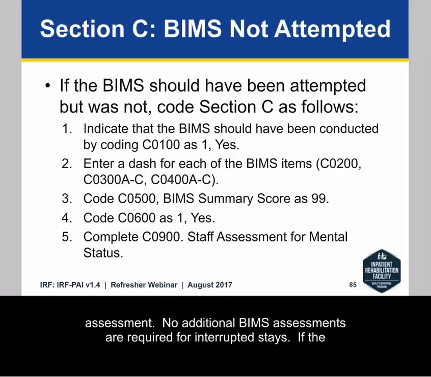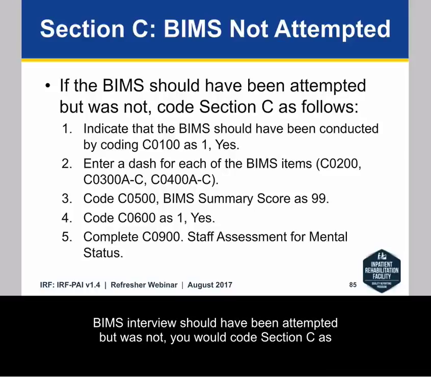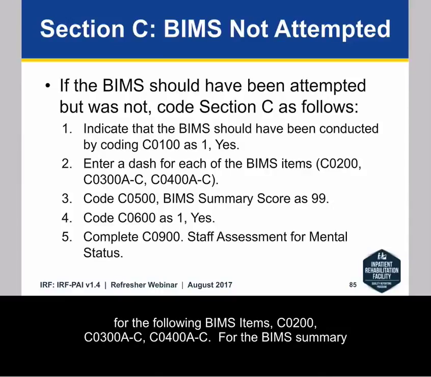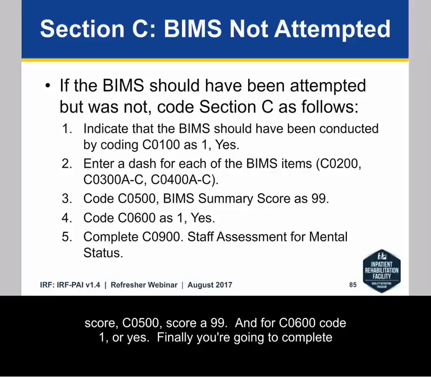If the BIMS interview should have been attempted, but was not, you would code Section C as follows. For C0100, should BIMS have been conducted, enter code 1 or yes. Enter a dash for the following BIMS items: C0200, C0300 A through C, C0400 A through C. For the BIMS summary score, C0500, score 99, and for C0600, code 1 or yes.